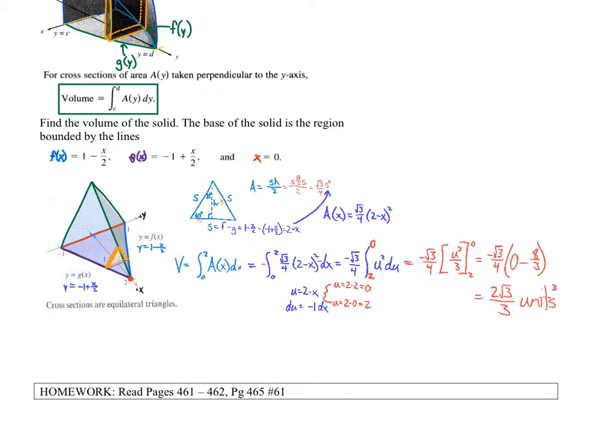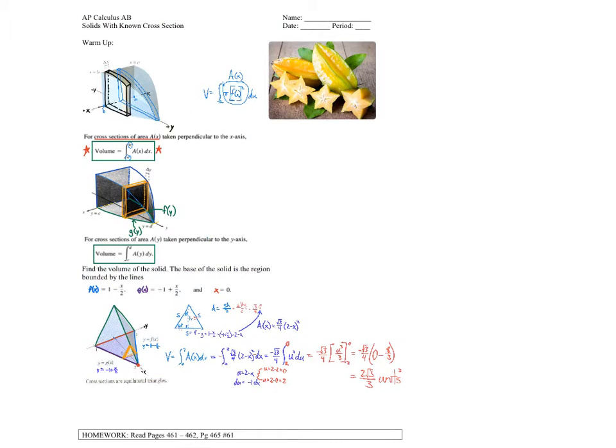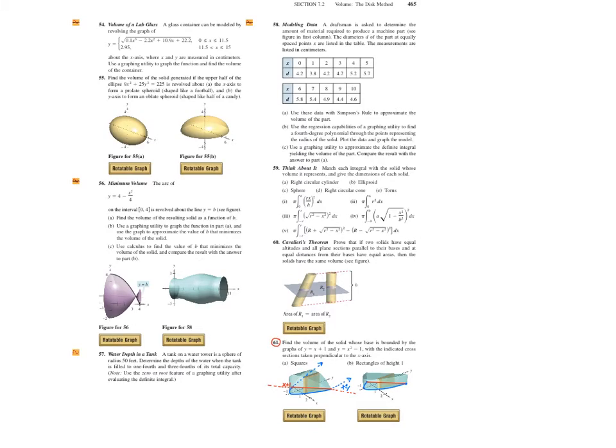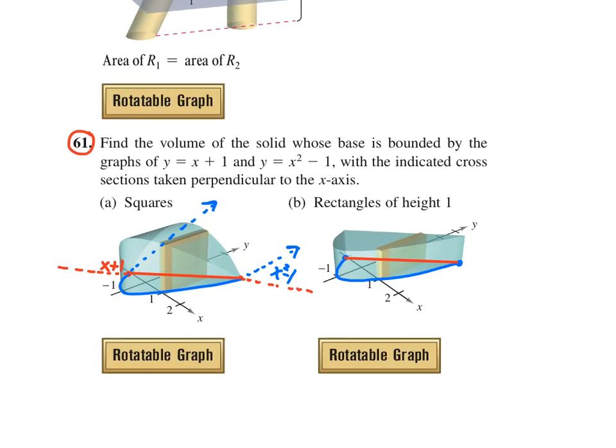In fact, if you look at the one I gave you to practice down here, notice in this case we're finding the volume of the solid whose base is bounded by the graphs of this line and a parabola.